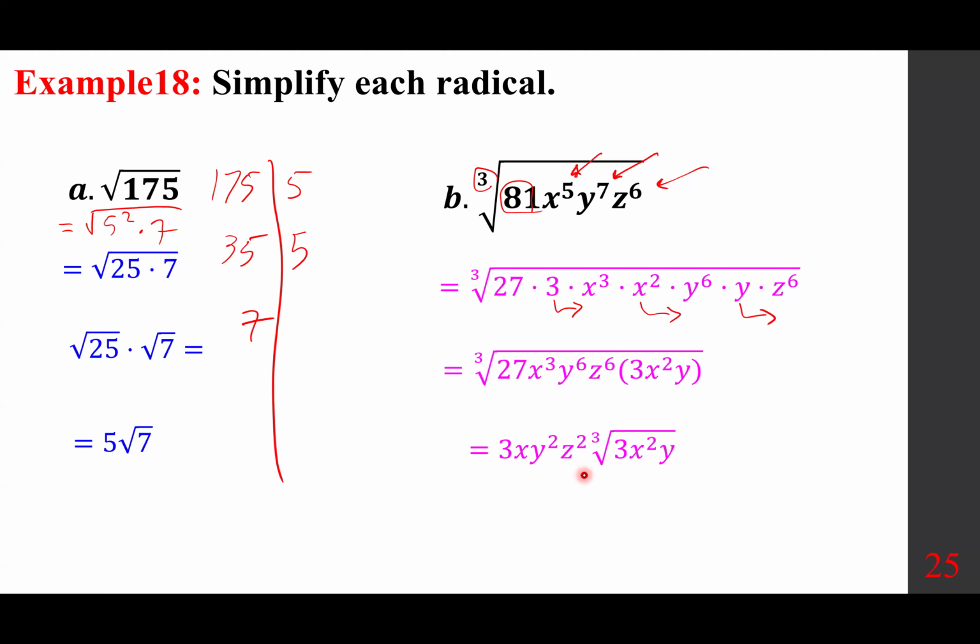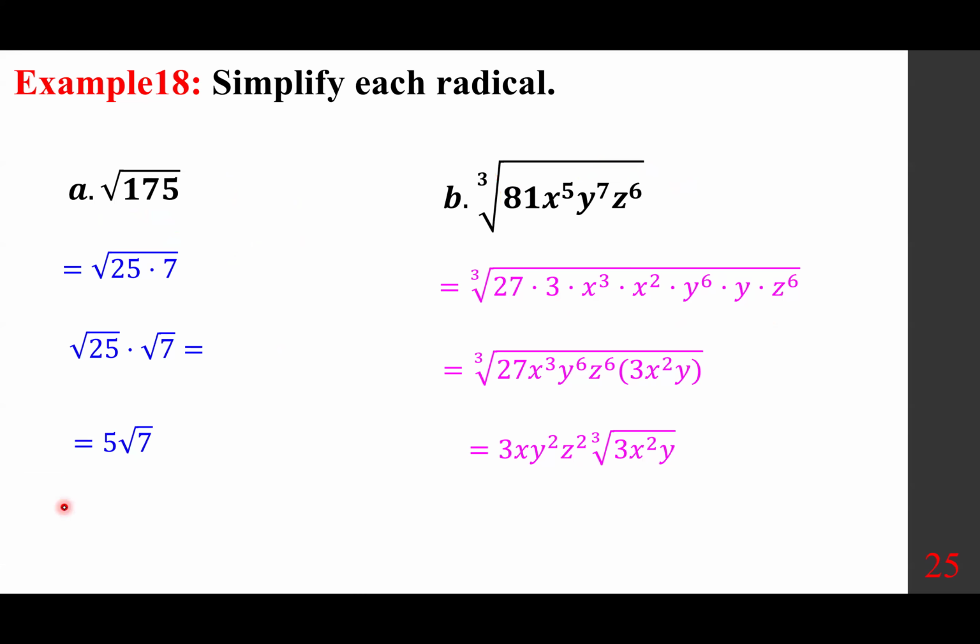But let me show you what I do, because if this thing gets more complicated, the method that I'm going to look at makes it easier. So here's the way I would do that. Let me erase my board first. So for number 81, I'm going to factor it.